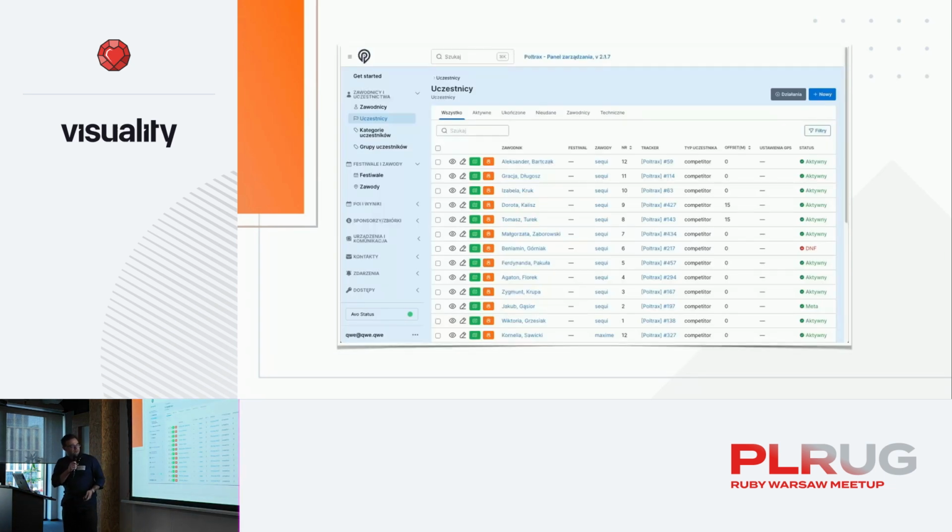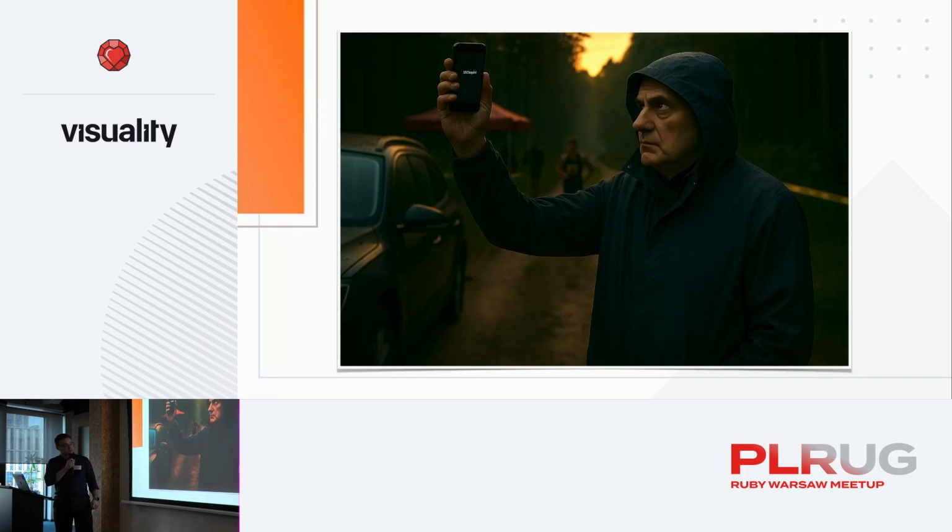This is the screenshot from admin panel. They use AVO. And it's quite easy to use if you get around the UI. But this is not what happens, because this is somewhere in the forest where the internet is spotty at best.